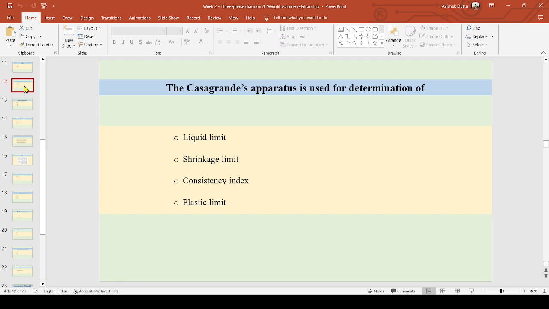The Casagrande's apparatus is used for determination of. I hope you know what the Casagrande's apparatus is. So, with that apparatus, which index property of soil do we generally determine in the laboratory?